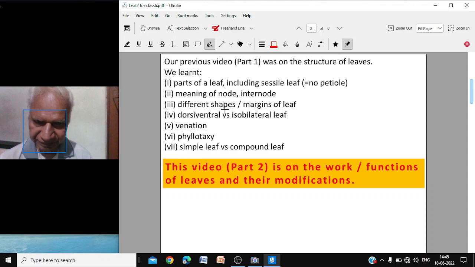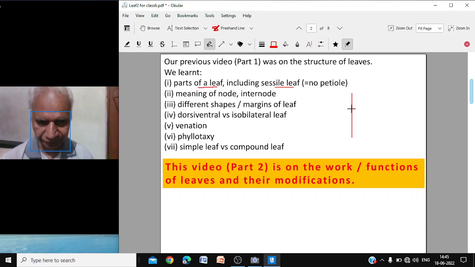So in our previous video, part 1, what did we study? Parts of a leaf. That is leaf base, petiole and lamina. And if petiole is absent, then it's a sessile leaf. Meaning of node and internode.